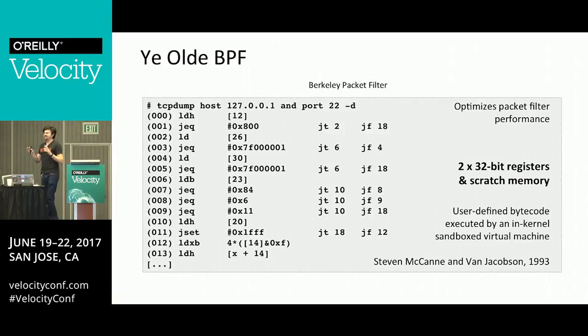So BPF itself. BPF is this arcane technology. It stands for Berkeley Packet Filter. If you run tcpdump and give it an expression, so match this host and this port, and then give it -d, it will print out this instruction set, assembly. That's BPF. tcpdump was optimized decades ago, in the 80s, by having an optimal virtual machine running in the kernel that will execute these instructions efficiently to match your expression.